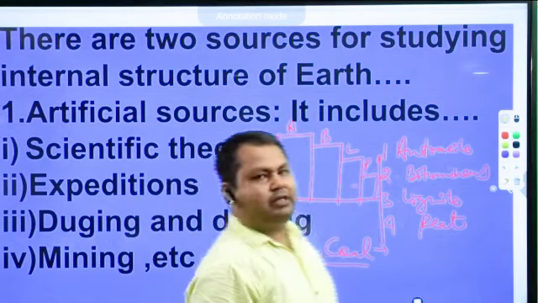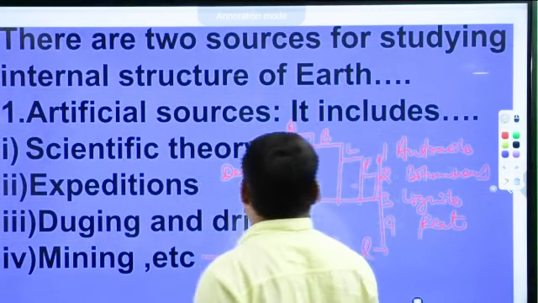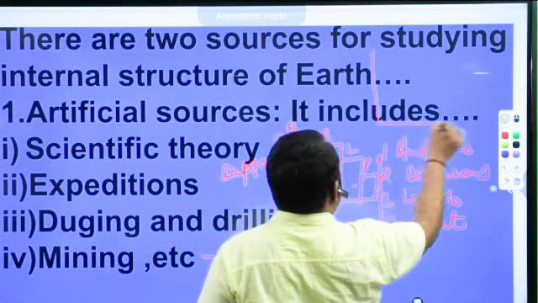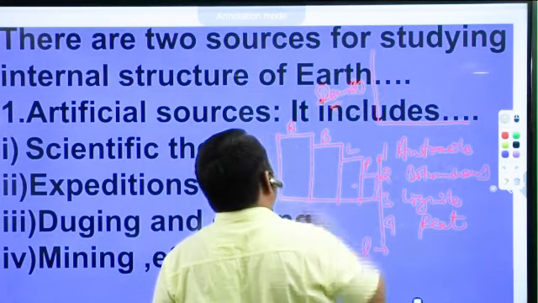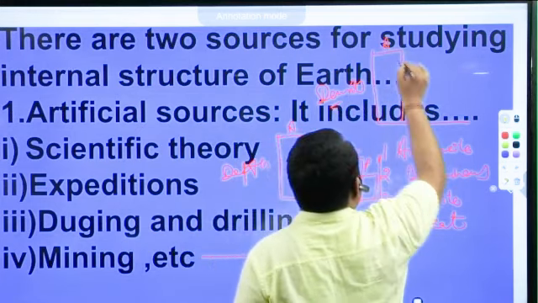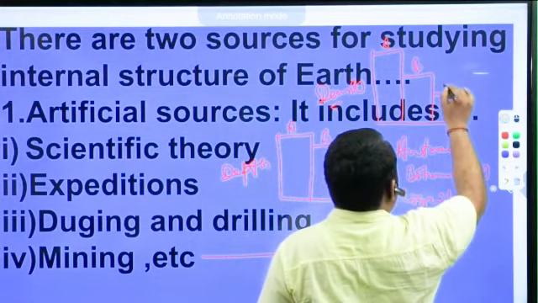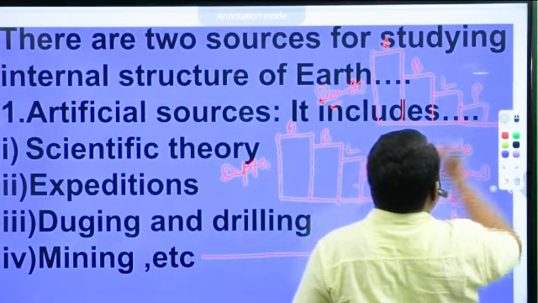If we talk about the density of these different coals, the density of anthracite is highest, then bituminous, then lignite, and finally peat.